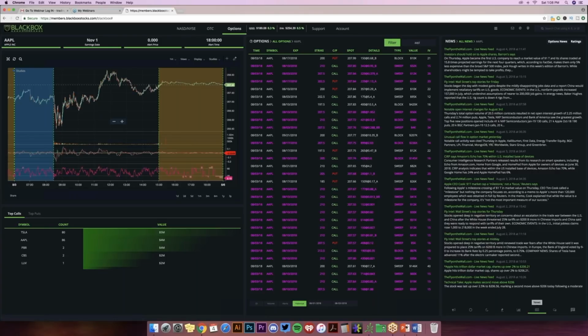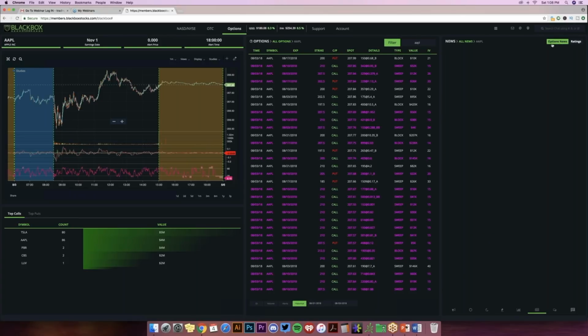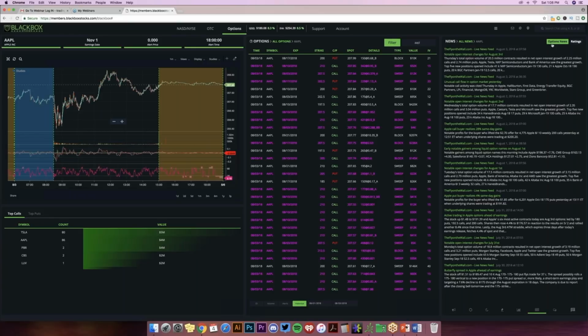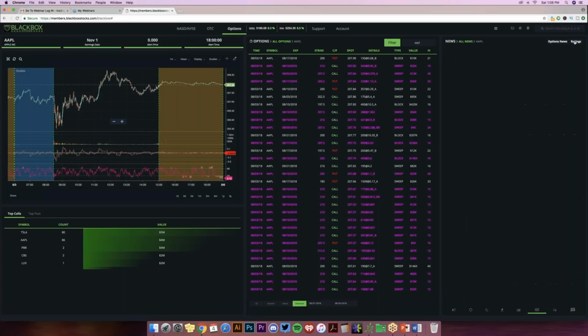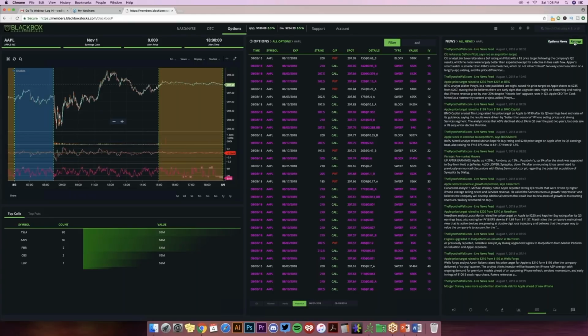So this news source is pulling from multiple places, including the Fly. But again, we've got these super cool filters. So you can filter and look only at options news. You can filter and look only at ratings news. We get questions all the time about where to look for upgrades and downgrades. This is a great place to do it. And you can just scroll through and see everything that's here.